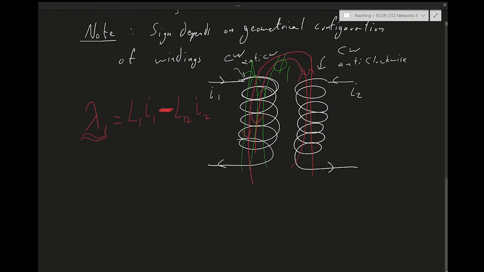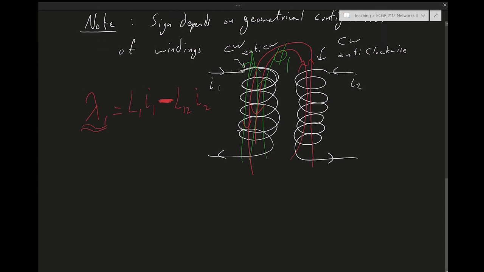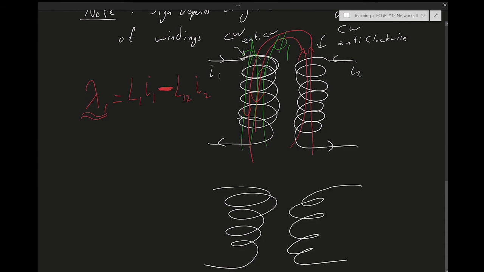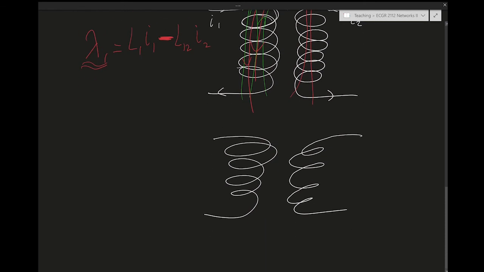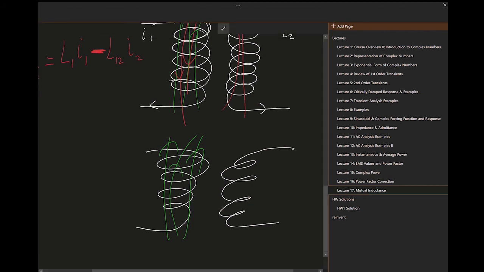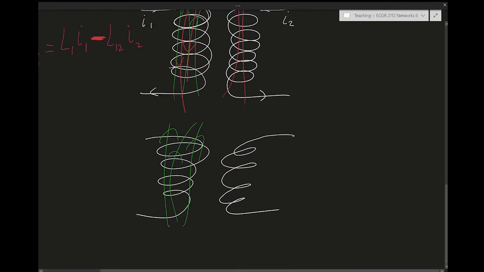We could imagine a different configuration where we have the two coils, and then I have flux 1. Let me go back to green. I have flux 1 going out this way, and then flux 2, if I go back to red, the coil is wound in a way such that I2 is going to cause the flux to go in coil 2 like this.